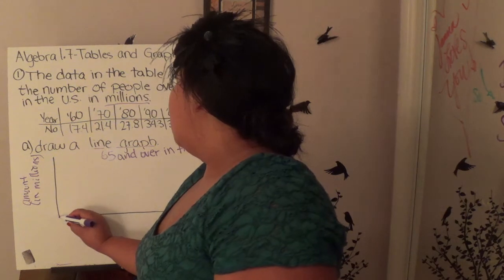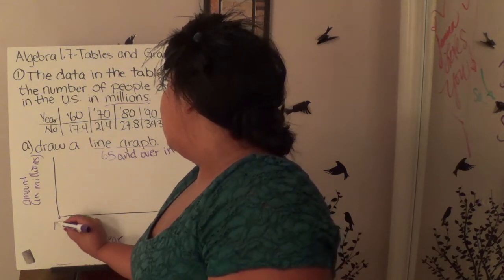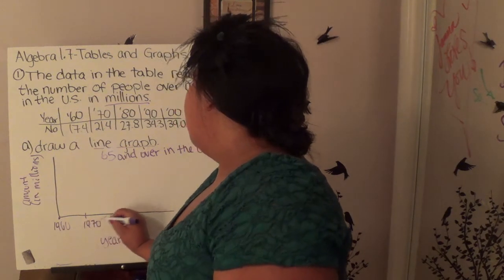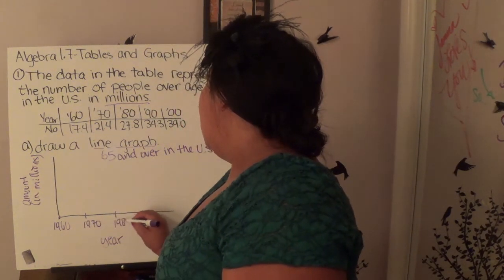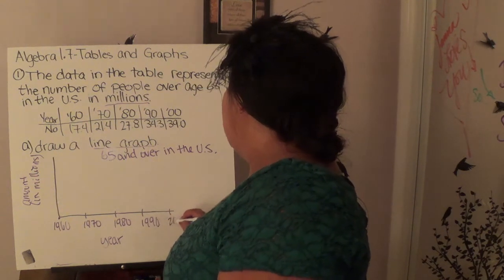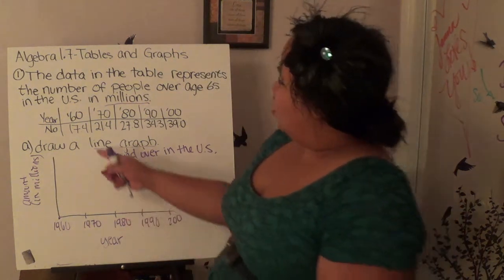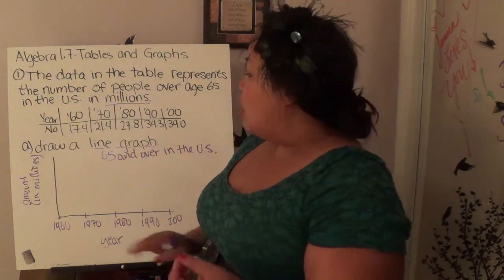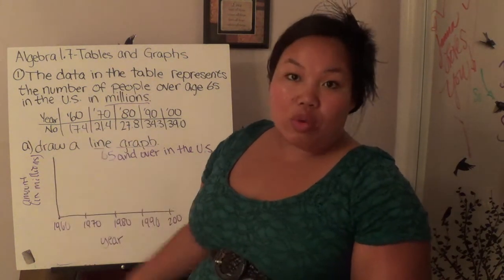So let's start here with 1960, 1970, 1980, 1990, and 2000. Now I have to take this and find the lowest and the highest number and try to find a way to evenly arrange them.